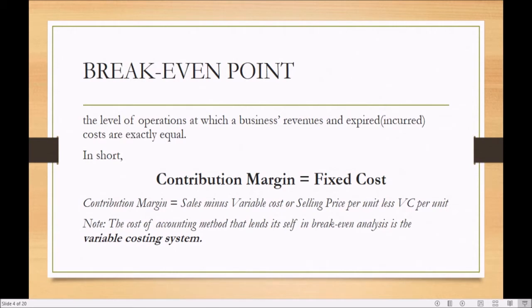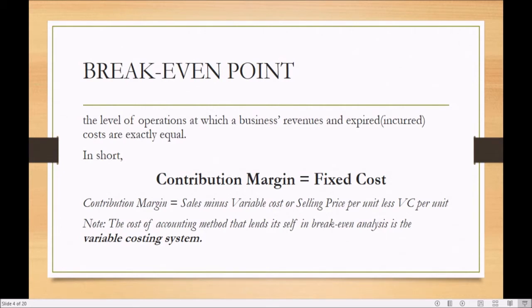If the total contribution margin, in pesos, not in per unit, equals the fixed cost, ibig sabihin po nun, we are at break-even. So, that is break-even point. Ibig sabihin, we achieve the break-even point if the contribution margin na na-compute po natin equals to the fixed cost, assuming that we are using the variable costing system.